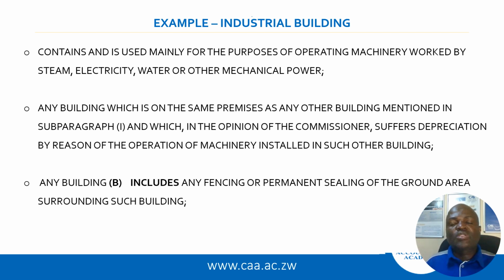In the case of a student, you use them to check against the scenario you have been given. In the case of a practitioner, whatever asset you are about to check for capital allowances, you must first apply these principles and this definition of the industrial building and come up with a conclusion whether or not it is an industrial building.